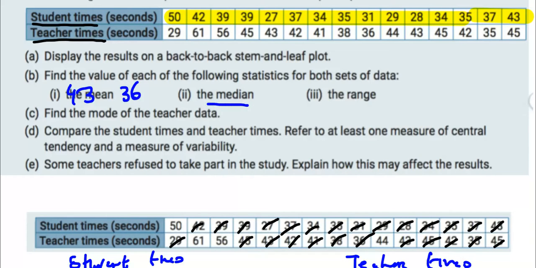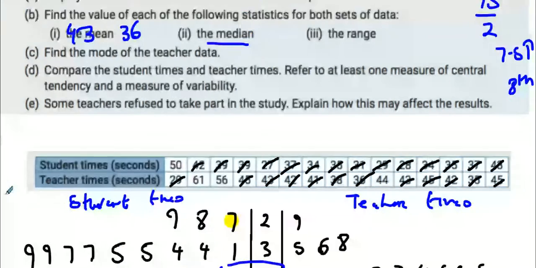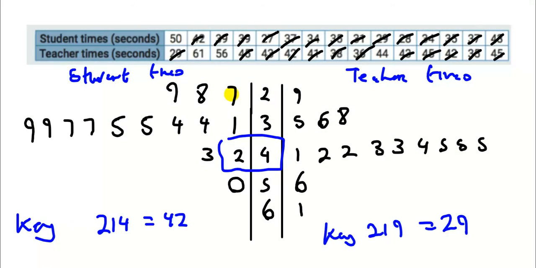The median is the middle number. Now there's 15 people. So what's 15 divided by 2? 7.5, but you round that to the 8th. We're looking for the 8th person in each list. Okay, so we're going to find out the 8th person in each list.